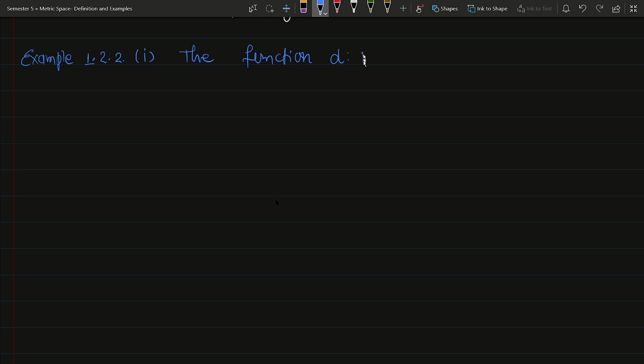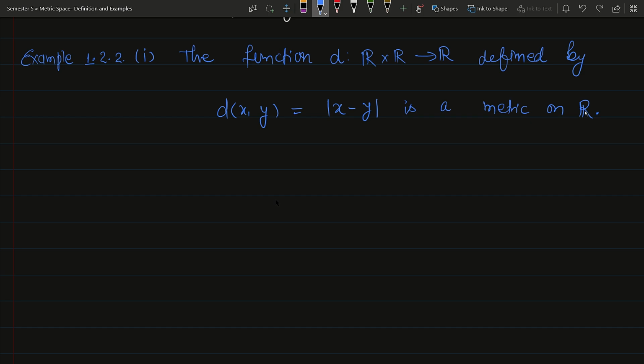Okay, and it says the function d defined from R cross R to R defined by d of x comma y equals modulus of x minus y, the usual distance function we have studied so far, is a metric on R. Okay, this R is the set of real numbers, and in that case R comma d will serve as a metric space.